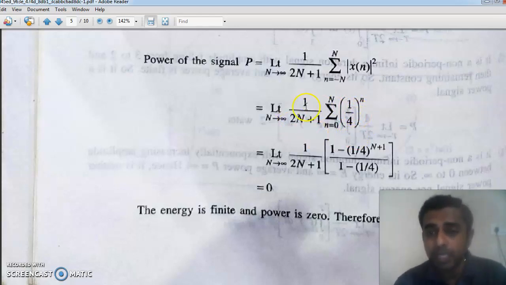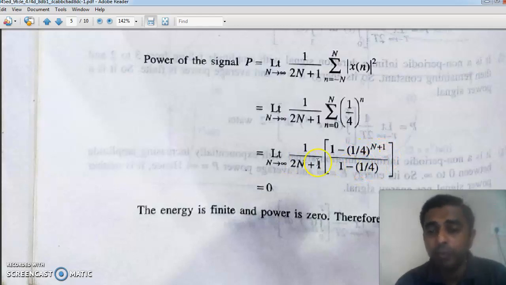That means it is in the form 1 by 2N plus 1, summation 0 to N, a raised to n, with a equal to 1 by 4. So you can use the geometric progression equation, that is 1 by 2N plus 1, multiplied by 1 minus a raised to N plus 1 divided by 1 minus a.